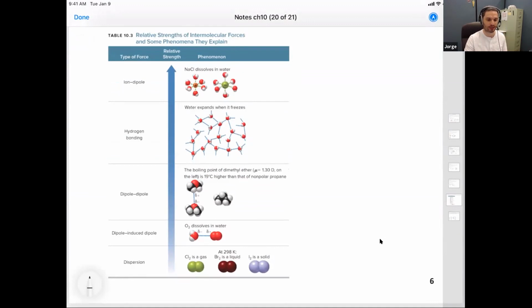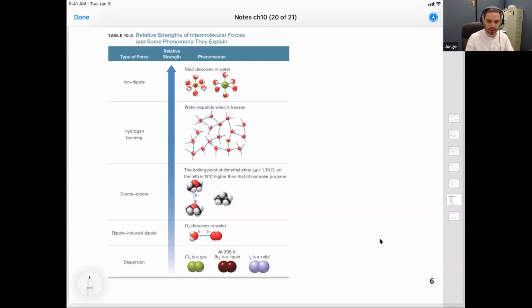We started with dispersion forces, or London forces, also called van der Waals interaction, based on the creation of tiny dipole moments because of the electron cloud movement. Then I showed you the dipole-dipole interaction that happens when we have two or more polar molecules interacting.